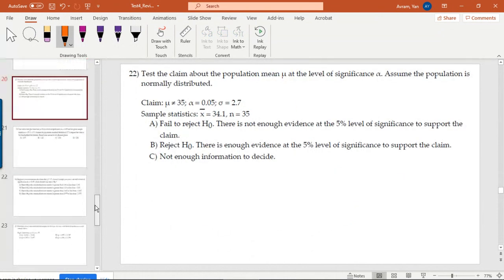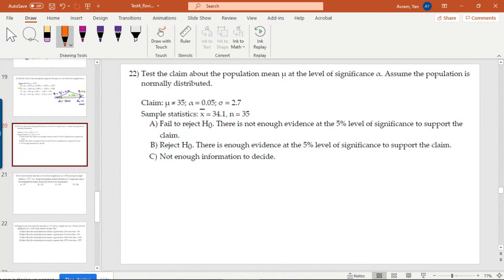All right, I'll give you one complete answer in here. Test the claim that the population mean mu at the level of significance alpha. Assume the population is normally distributed, okay? And this one is giving you the sigma.